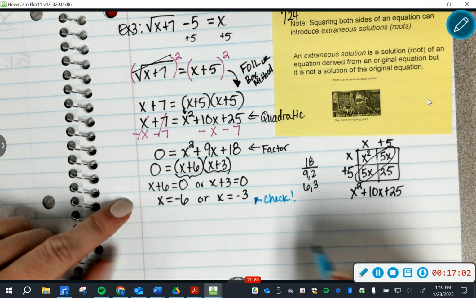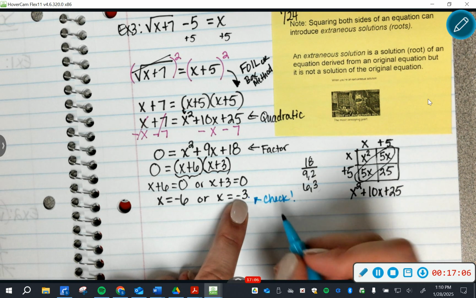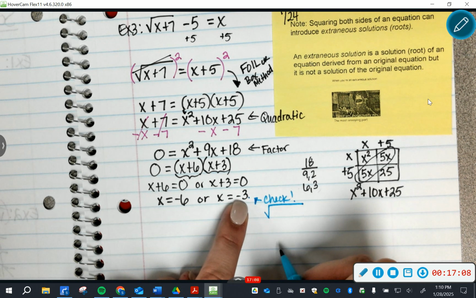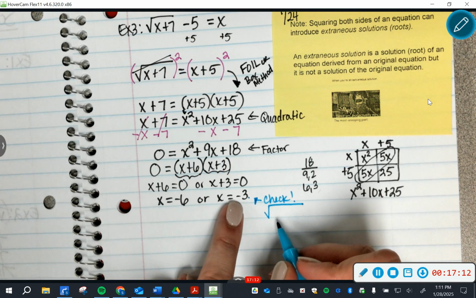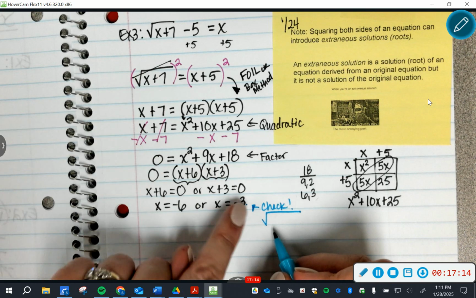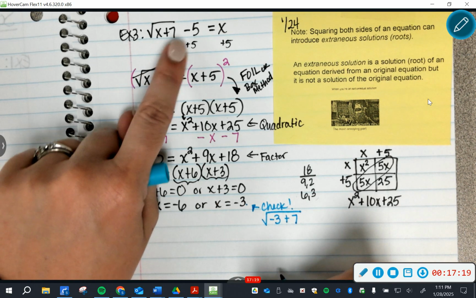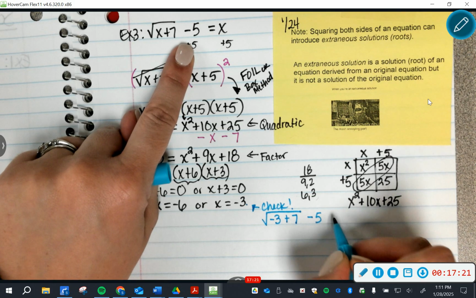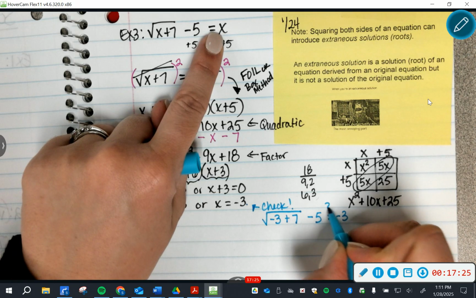So I'm going to try x equals negative 3 first. So square root of, now I'm going to go back to my original equation and plug in negative 3. So square root of negative 3 plus 7 minus 5, does that equal negative 3?